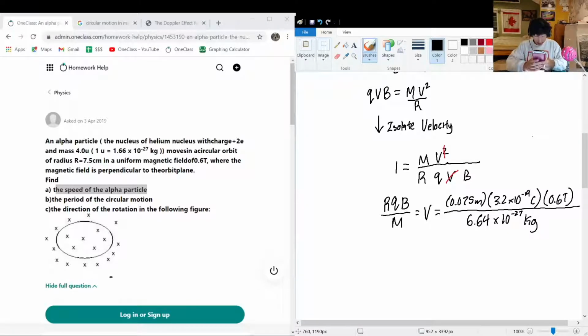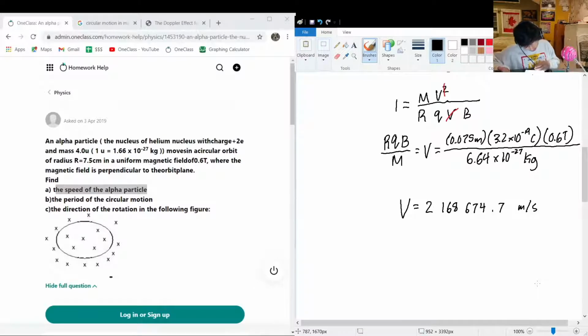Times 0.6. That whole thing is divided by 6.64 times 10 to the power negative 27. And the numerical result of that velocity is quite speedy. So v is going to be equal to 2,168,674.7 meters per second.